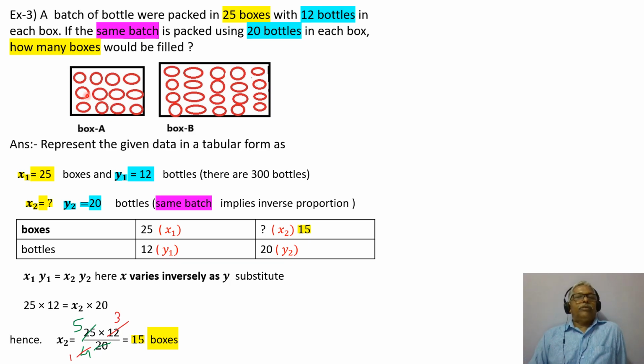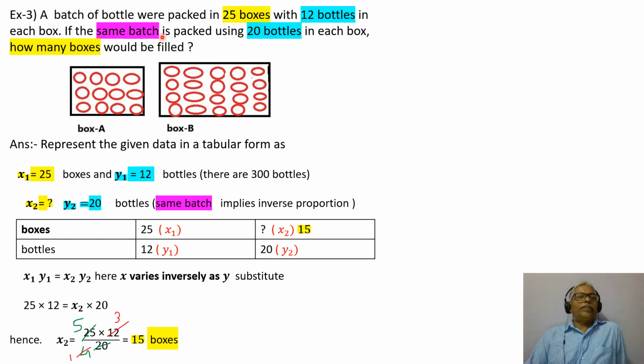Third one, this is very interesting. Read it very carefully. I think you should try such types of problems yourself and then look at the solution. A batch of bottles was packed in 25 boxes with 12 bottles in each box.